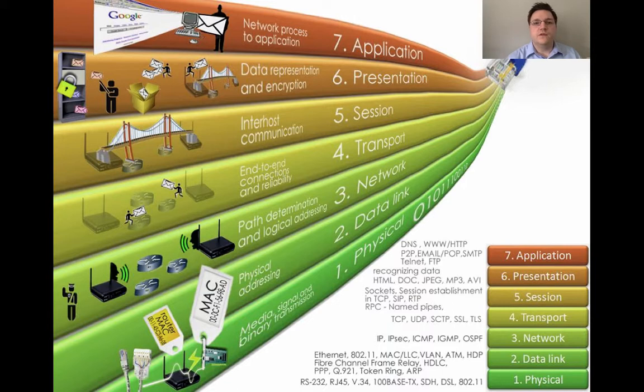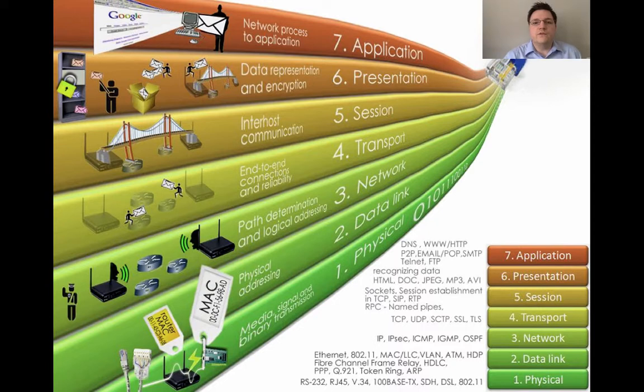In this graphic, we see a good representation of the 7 layers of the OSI model and how they work, what functions they perform. If we start at the top, which is the application layer, we see a person there who's trying to access a Google web page, which is a good common example for the data being transmitted. The person enters the web address in their browser, google.com in this case, and then the process is initiated, and each packet is routed all the way through the 7 different layers of the OSI model, from the application layer down to the physical layer, and is transmitted to the Google server.